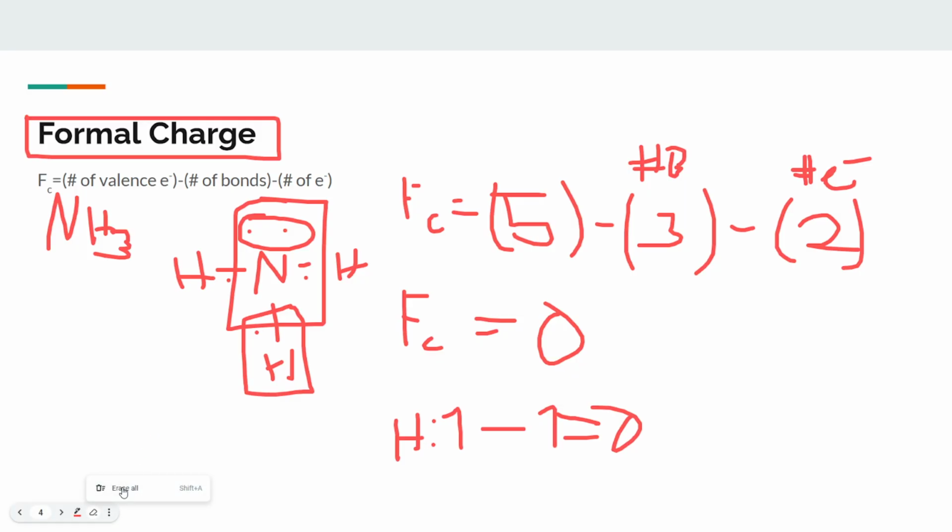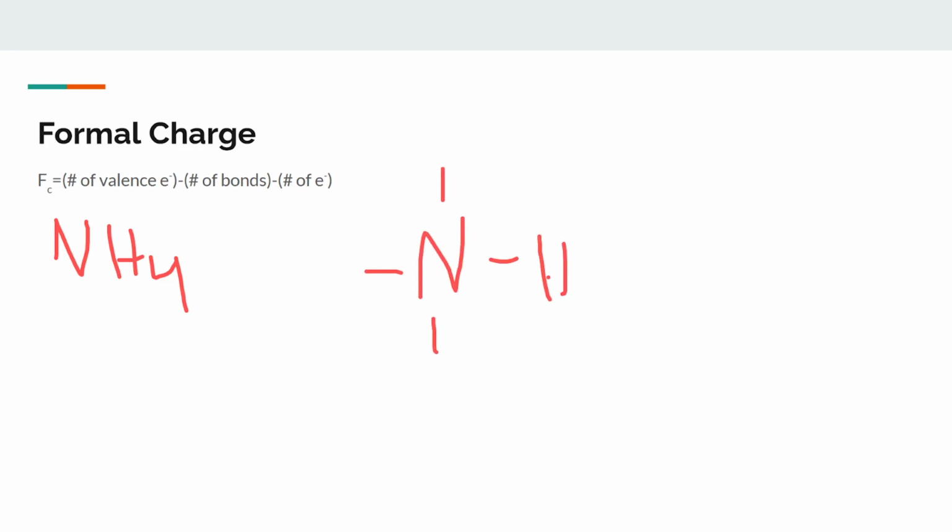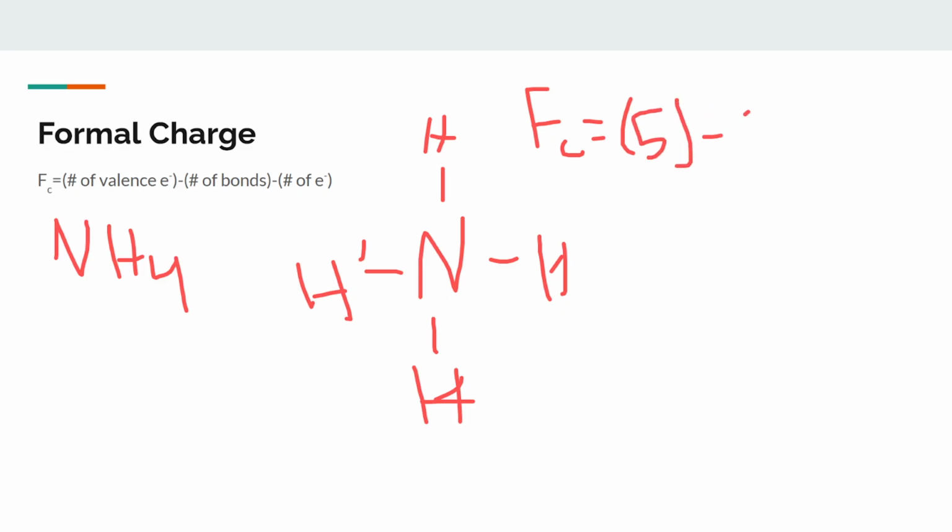And now I'm going to show you ammonium, which is NH4, forgive me. And that'll look like this, just like our ammonia, but with just one more hydrogen on it. God, I'm really bad at writing with a mouse. And so our formal charge will be equal to the number of valence electrons, which we know is 5, minus the number of bonds, which is 1, 2, 3, 4, minus the number of electrons.